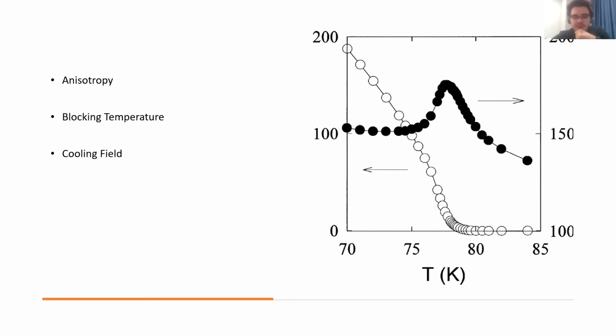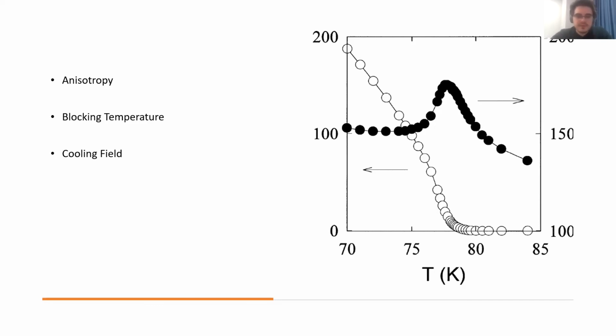Blocking temperature depends on the thickness of materials, AFM thickness or FM thickness. As you make your material thinner, this blocking temperature decreases, because if you make the material bigger as a whole, as expected, it must be the Néel temperature. But if you make it smaller and thinner, it will decrease.